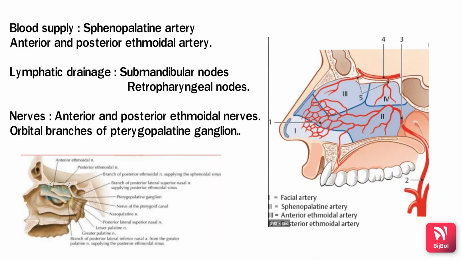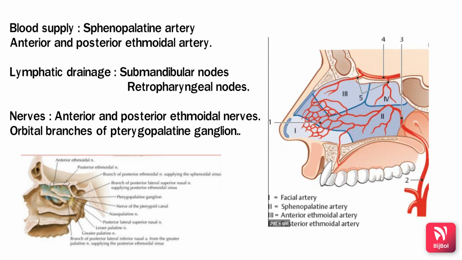Roman number 2 indicates the sphenopalatine artery. Roman number 3 indicates the anterior ethmoidal artery. Roman number 4 indicates the posterior ethmoidal artery. So this is about the, sorry, ethmoidal sinus. This was about the ethmoidal sinus.